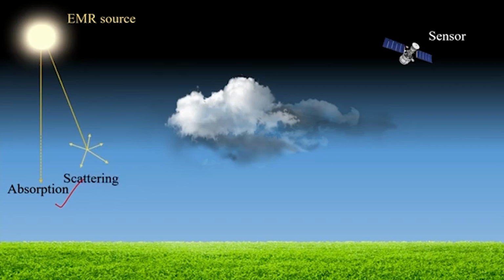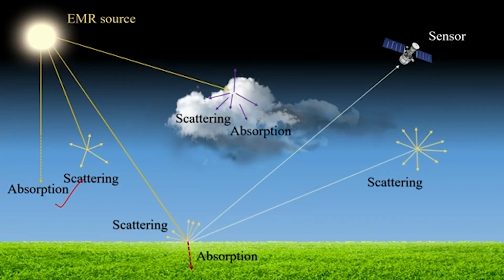At the same time we have scattering, and sometimes it is because of the cloud, and some of the energy will reach our surface. On the surface, do you remember the interaction between energy and matter? Some amount of energy will get reflected, emitted, transmitted, absorbed, right?